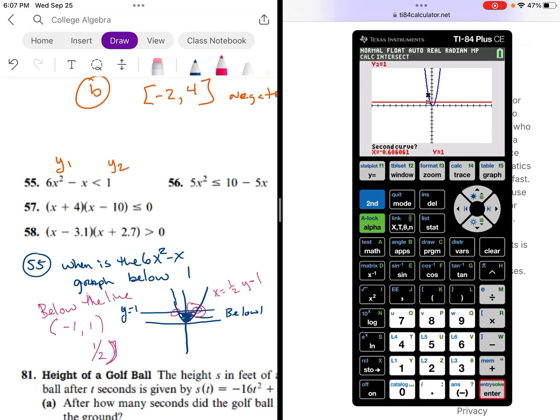First curve, second curve, and guess it, and that's going to tell me -1/3. All right, so that's where it is there. So that'd be the more precise answer. Just trying to get an eyeball there.